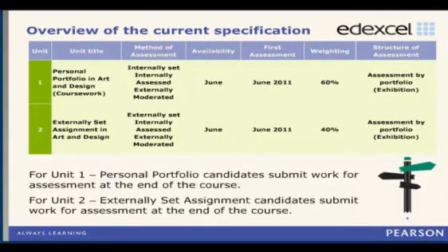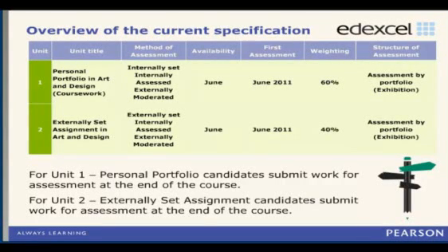You decide what tasks your candidates will engage with, and you make some assessment decisions about that work first. Then at the end of the course, in the summer term, you're visited by one of our moderators, who will look at the marks you've awarded and see how they connect and relate to the national standards for the examination.